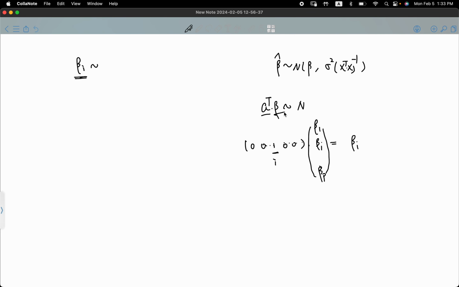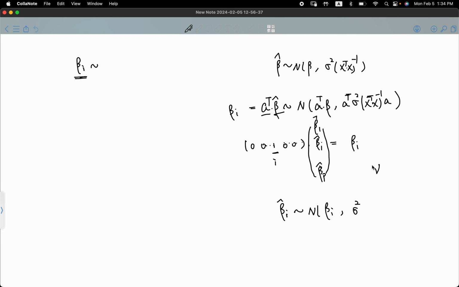But this is a linear transformation of a random variable that follows a normal: A transpose beta, with covariance A transpose sigma A. So for a vector, we put the transpose in the front, and then A. So this gives us essentially that beta i hat is also a normal distribution with the ith true value for beta, and variance sigma squared.